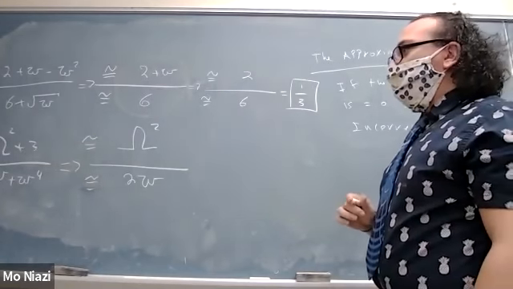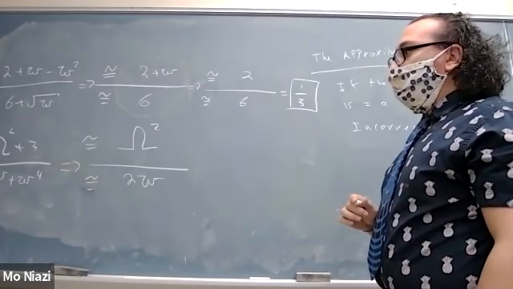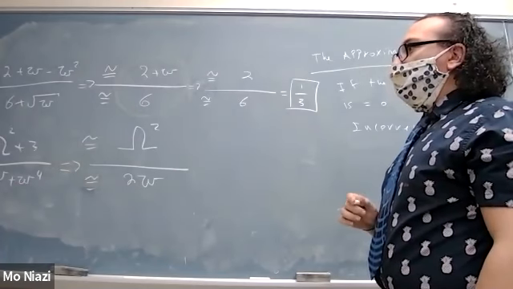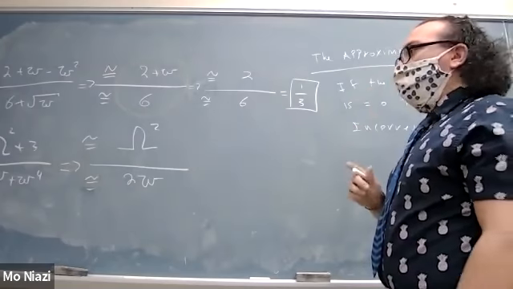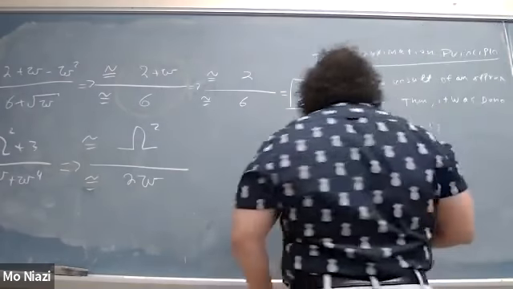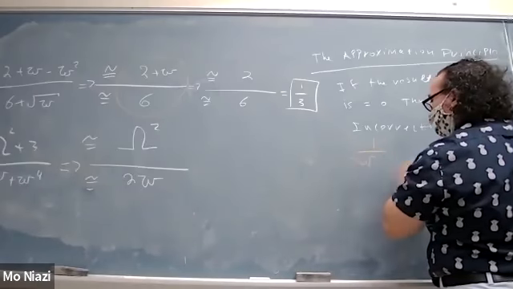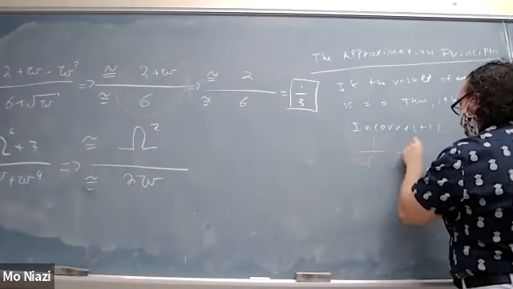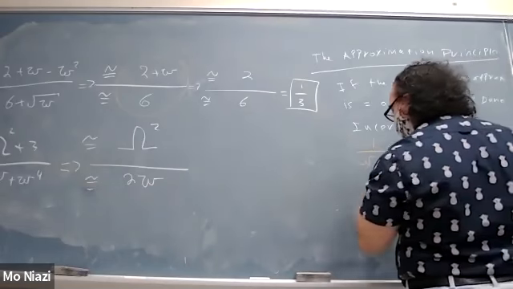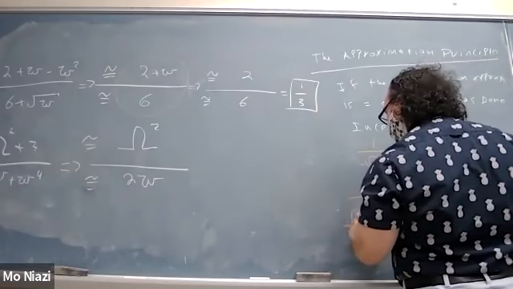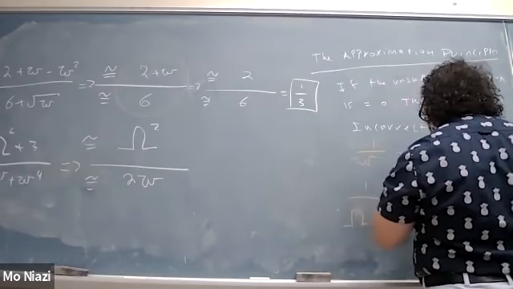No, you don't just leave it like that. When you're mixing capital omegas and little omegas, you always have to go back to the definition that 1 over little omega is equal to this capital omega, and vice versa. 1 over capital omega is equal to this little omega.